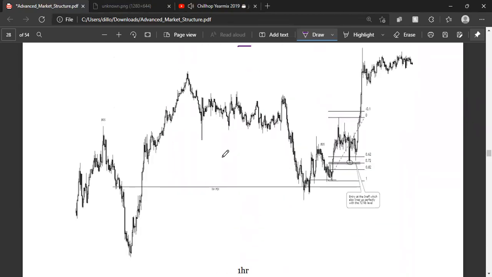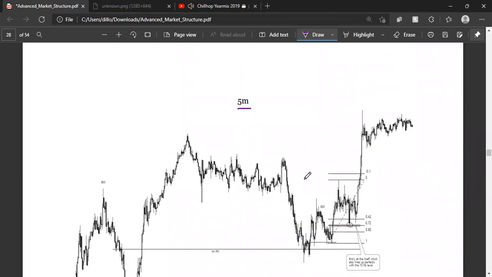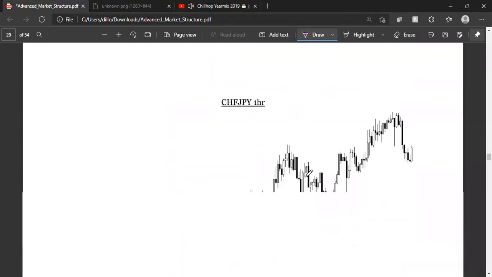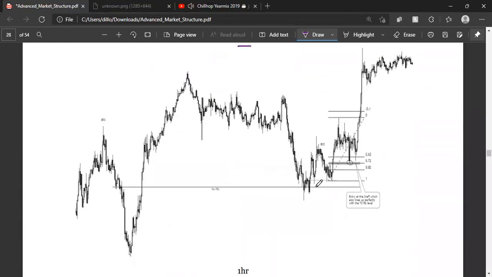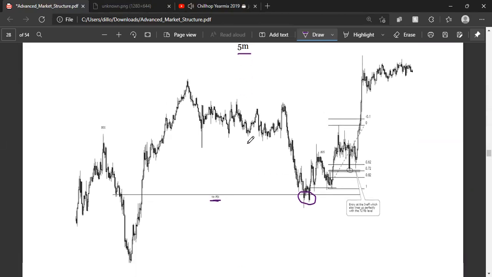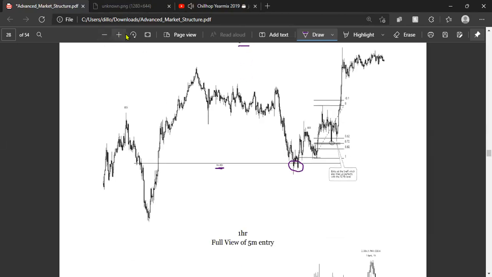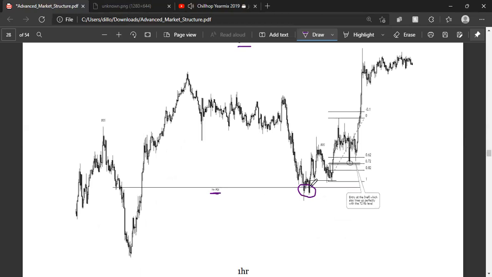So quick and simple. So initial rejection here from that 1 hour point of interest. Now remember, we're on the 5 minute. So we have that initial rejection, and we see a minor break of structure here, right?